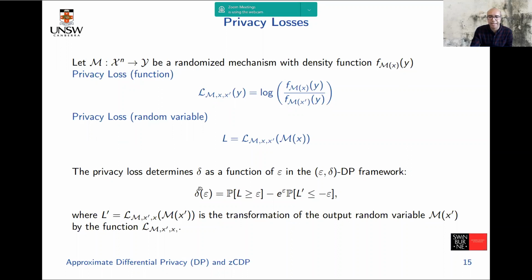Based on that, we can determine delta based on the probability of the privacy loss being greater than epsilon, or, for example, the probability of L' being less than or equal to negative epsilon. In fact, for a Gaussian distribution, we cannot have pure epsilon-DP, and as we mentioned, we need to have delta. It's not possible otherwise. We talk about that later on.